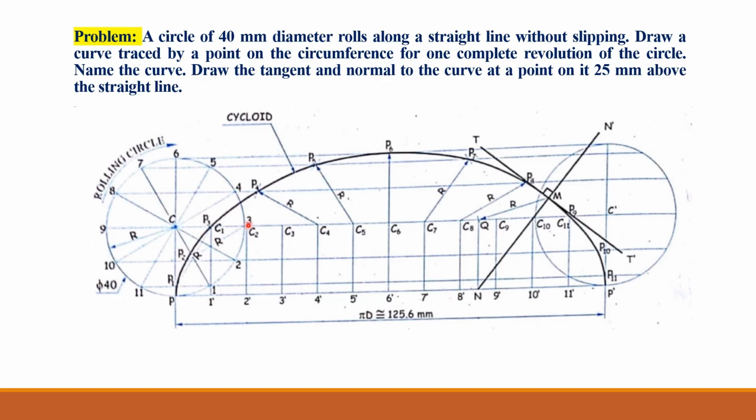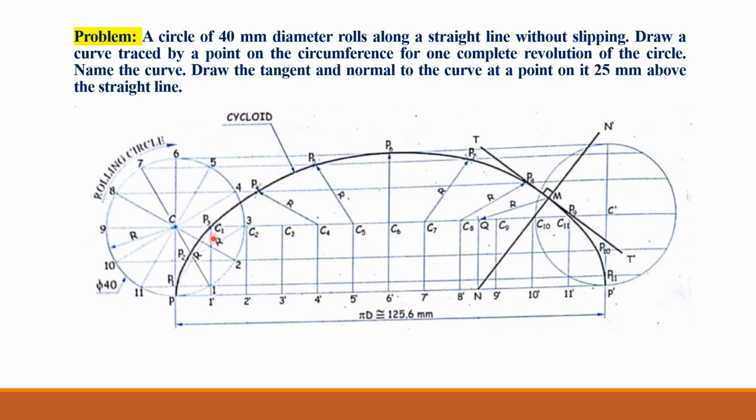Now, take the radius of this rolling circle in the compass, that is equal to 20 millimeter, and put the compass sharp point at center C1. So here center C1 is given.